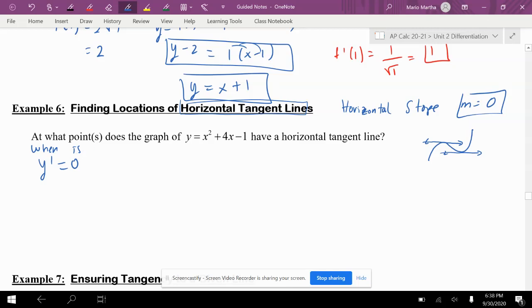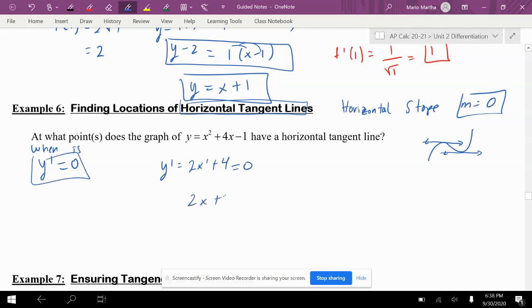So in order for me to do that, I need to find y prime. So y prime is equal, again applying the power rule, n is 2, so 2 times x to the first power, and then 4 times x to the first would be just plus 4. All right. And then I'm looking to see when this is equal to 0, right? Because that's pretty much what I'm looking for.